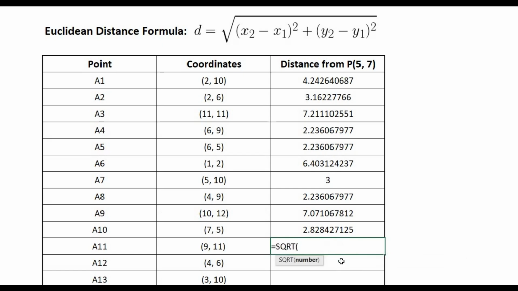Square root, 5 minus 9 whole square plus 7 minus 11 whole square, bracket close, 5.65.